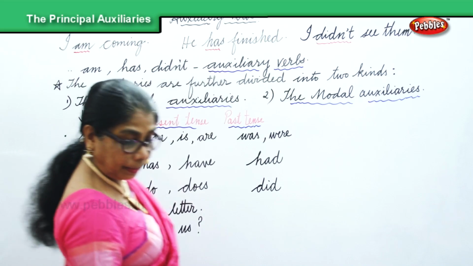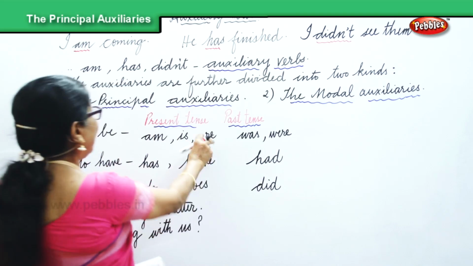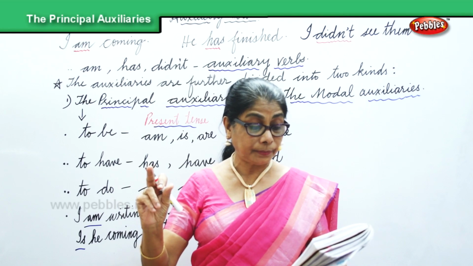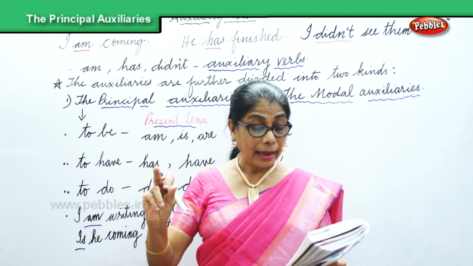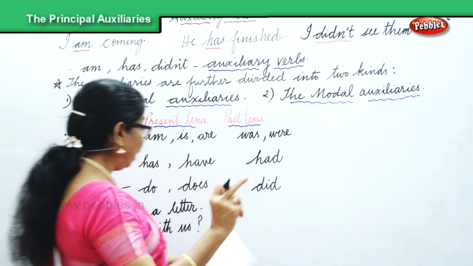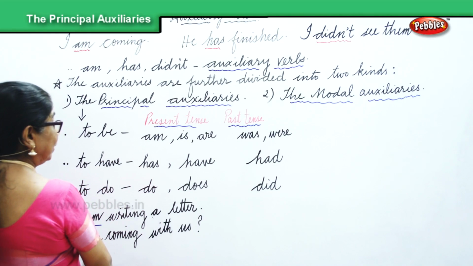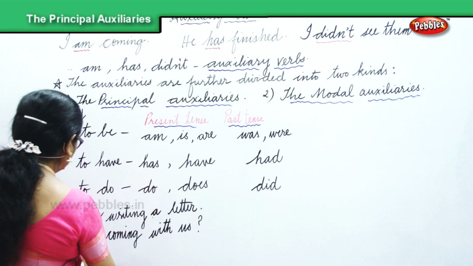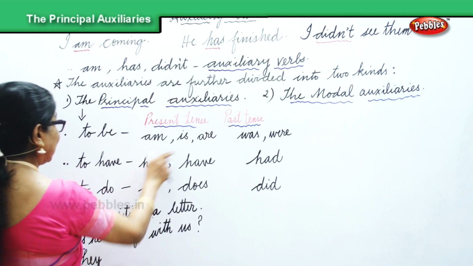Is. Then we have are. They are to wait for us at the station. They are. So the next one we have here is they. We are talking about are.